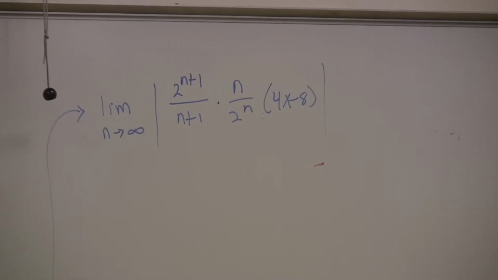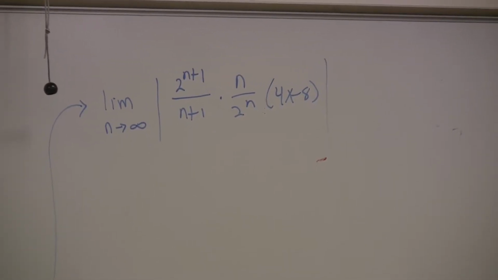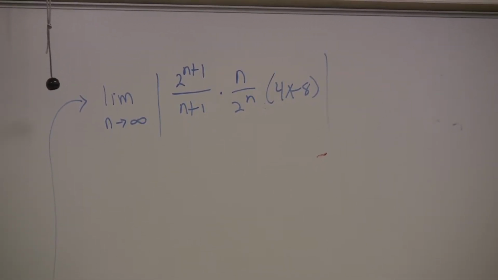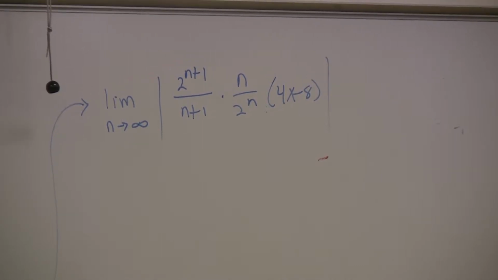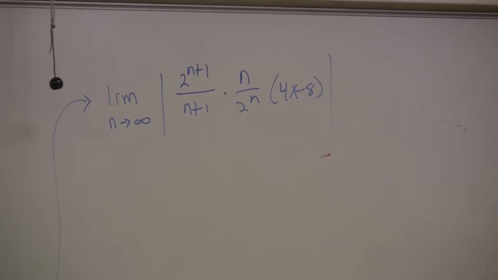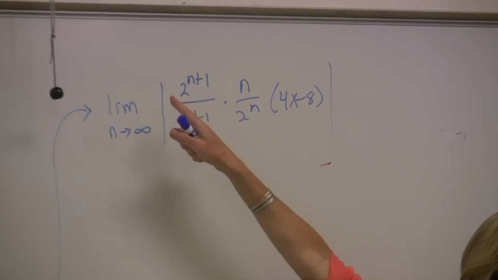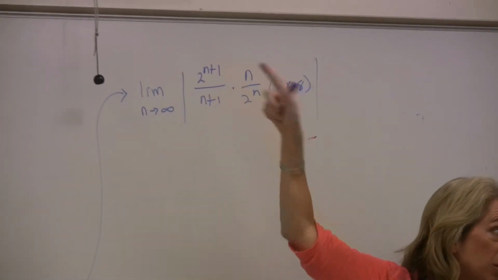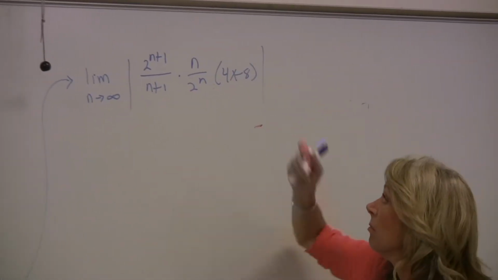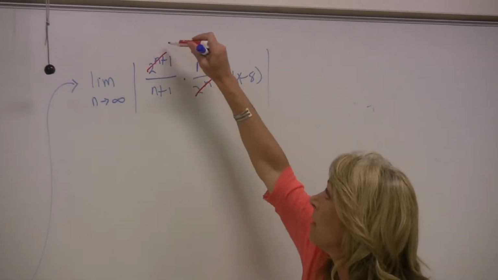You see what happened there? So what else cleans up nicely here? The two n's are going to reduce. This is 2 to the n, this is 2 to the n plus 1. So there's an extra 2 on the top. One extra 2 up here.